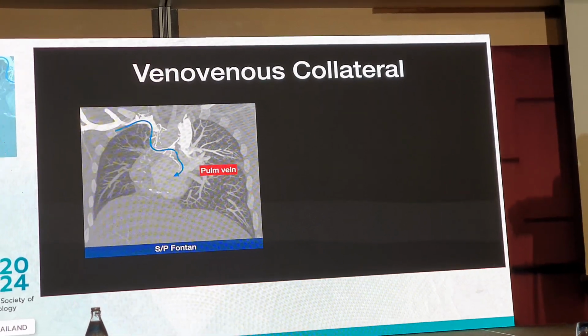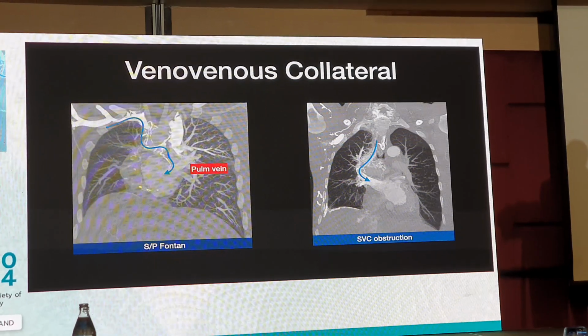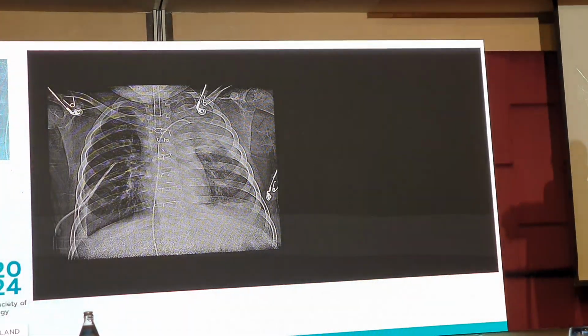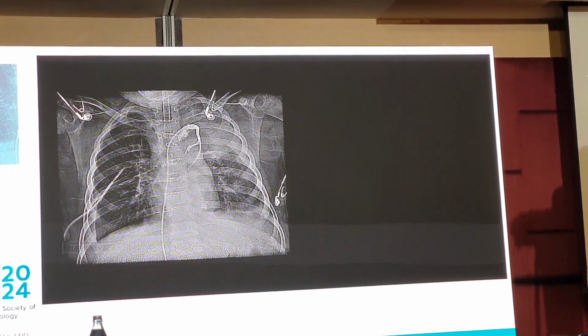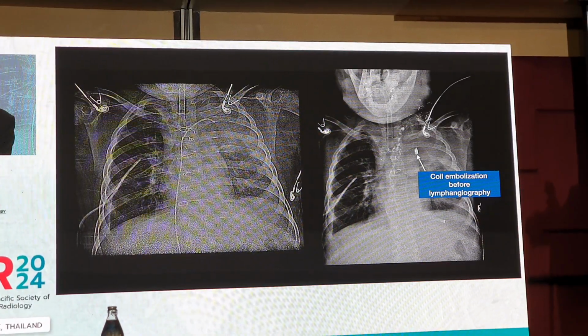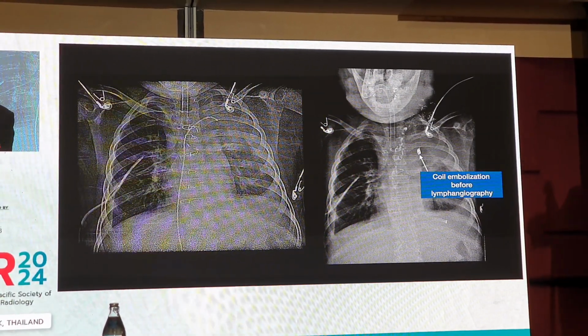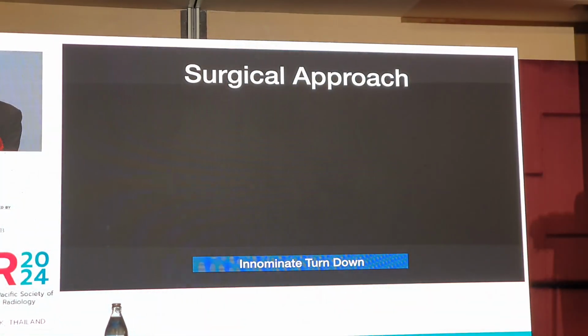So you have to be aware of that. And veno-venous collaterals can be found in SVC obstruction also, as in this case. In this case, I will show you the veno-venous collateral from the left innominate vein to the coronary sinus. Before we do the lymphangiography in this patient, we embolize that venous collateral first and then do the lymphangiography.